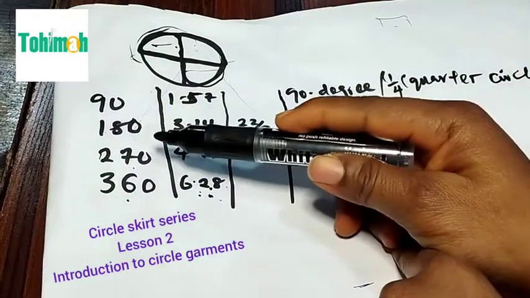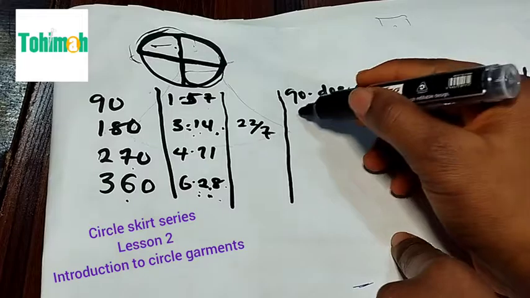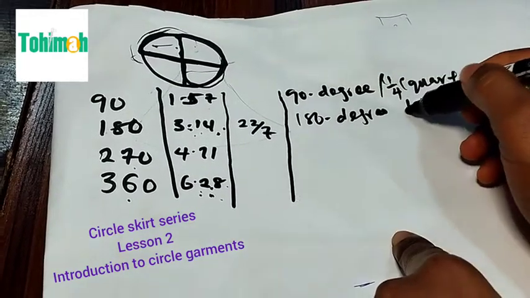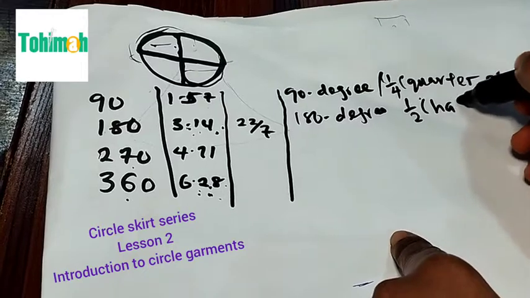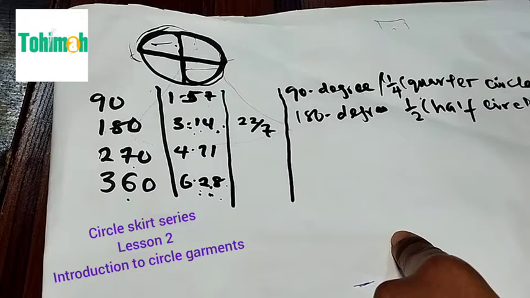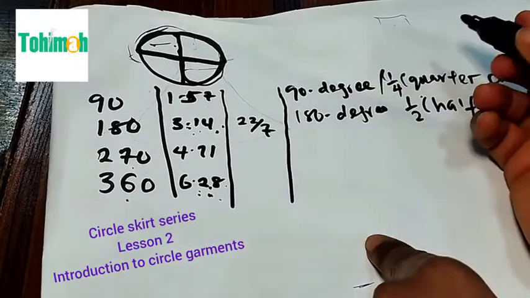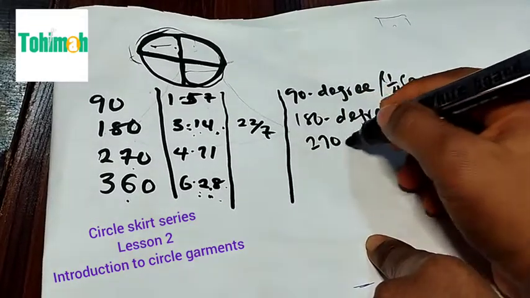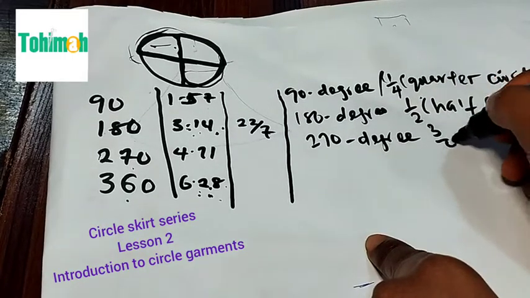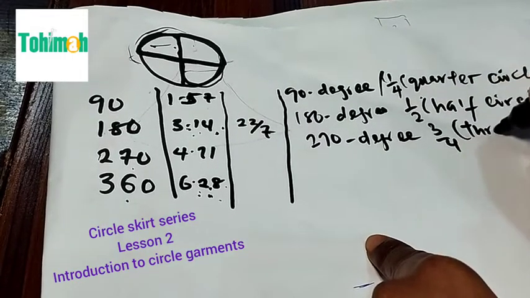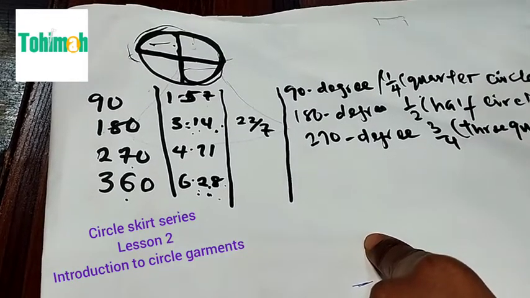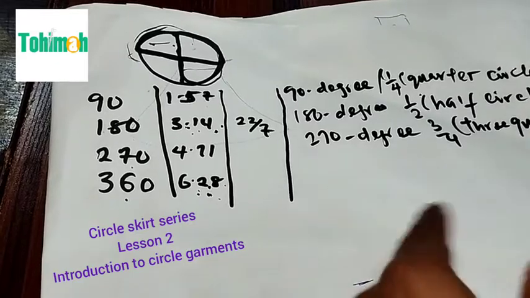Then the other one is 180 degree, which is 180 degree circle. It's also known as half circle. Then we have 270 degree, that is 270 degree circle, also known as three-quarter circle.